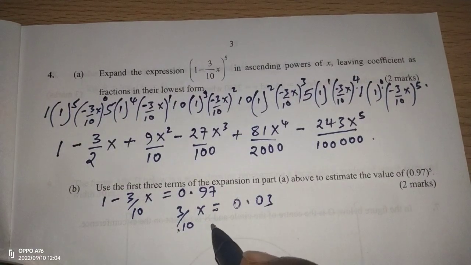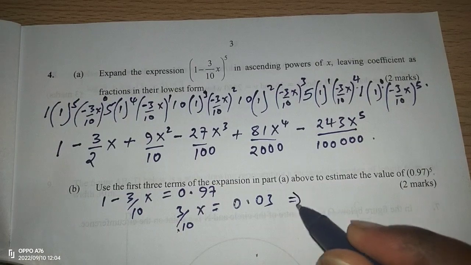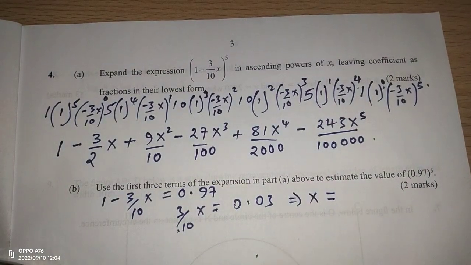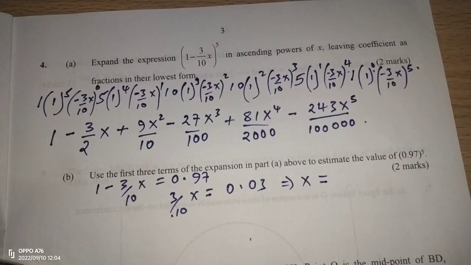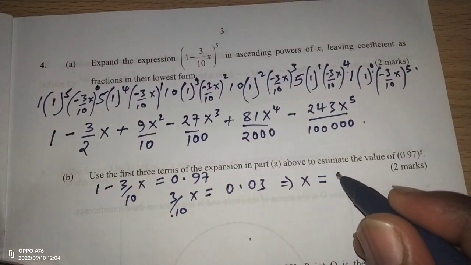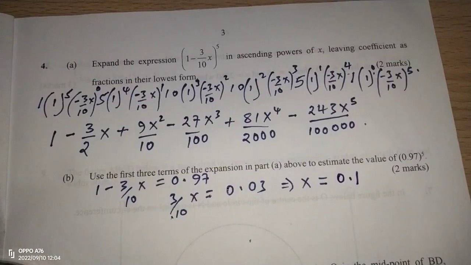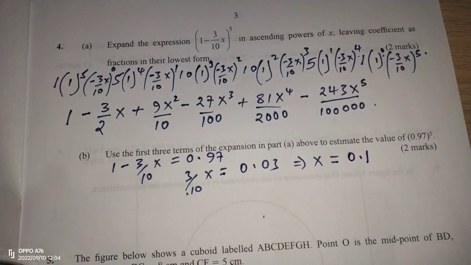So now we can remain with x by multiplying with 10 out of 3. This will be 0.1. So the value of x is 0.1 according to the binomial expansion.